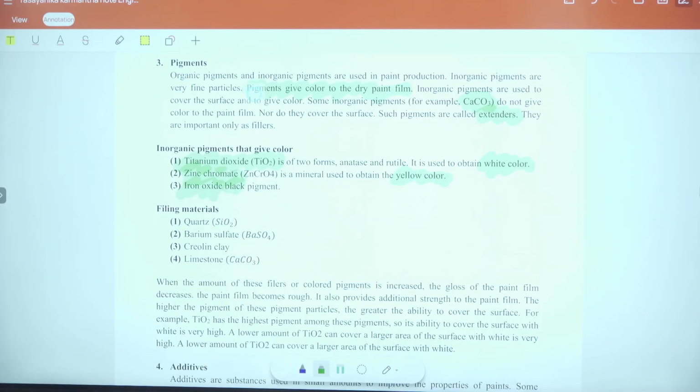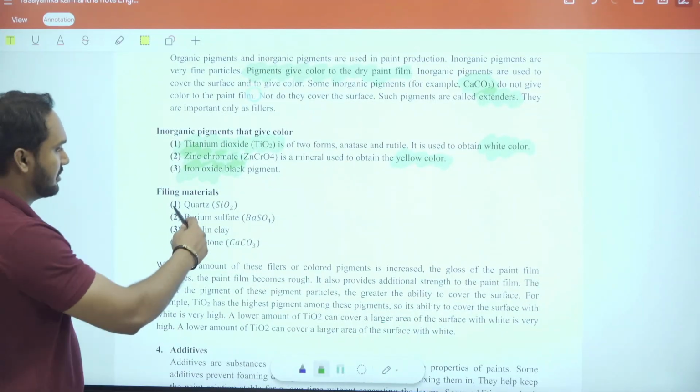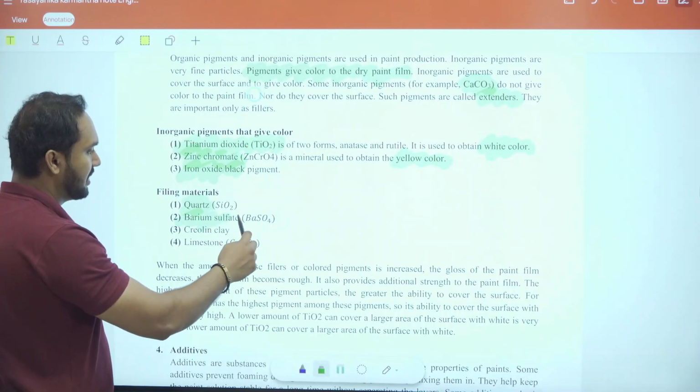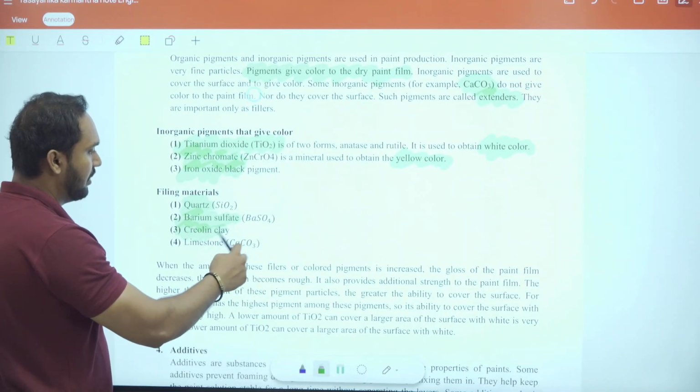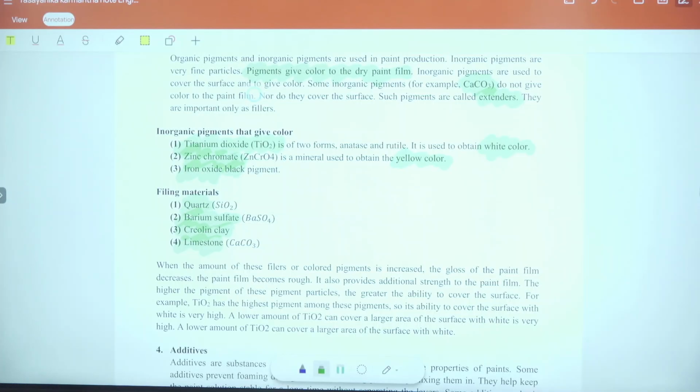Black color is given, right? And these are the filling materials. What are the filling materials? Quartz, barium sulfate, kaolin clay, limestone, right? So these are the filling materials.